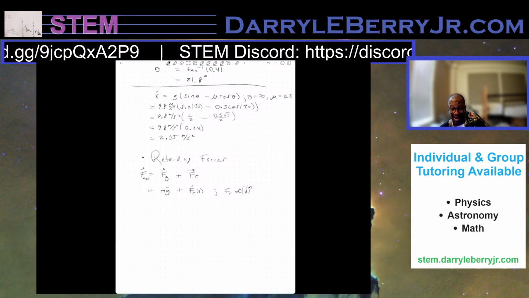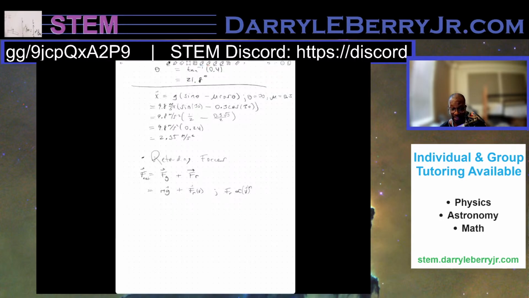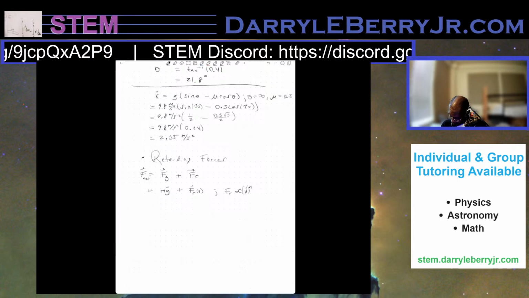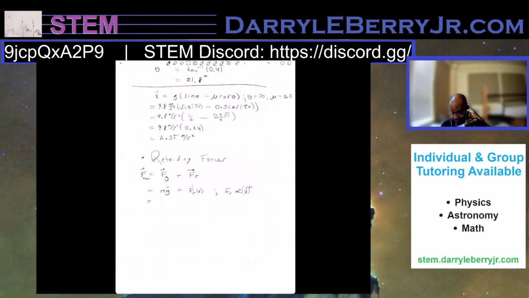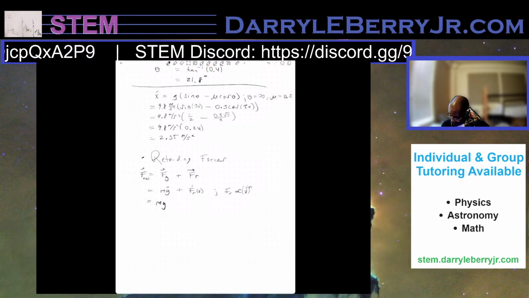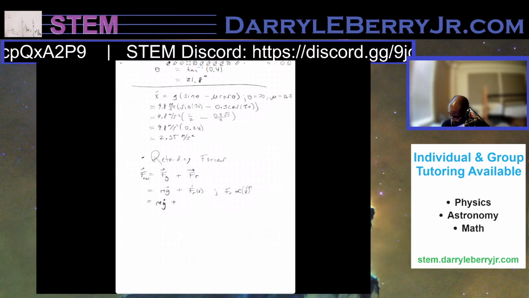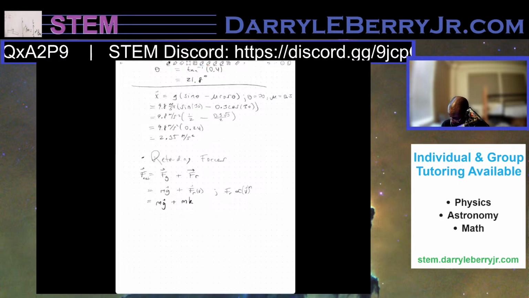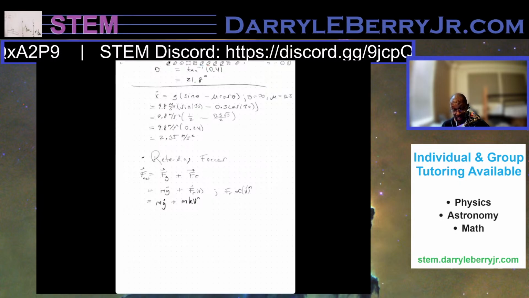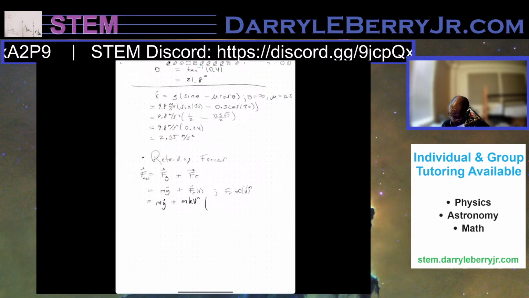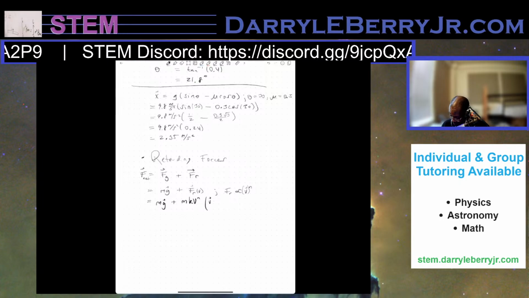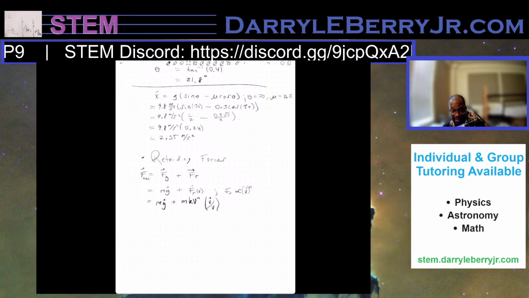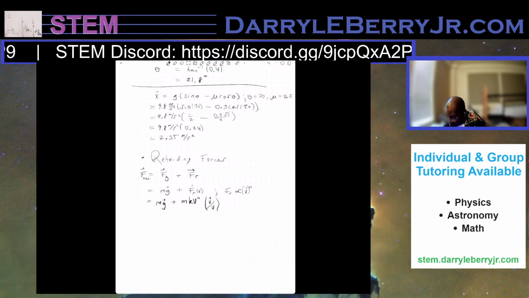With the power law approximation, we can then write F equals mg plus mkv with its power, and the direction is given by this. We have the velocity v divided by the magnitude of v, so that gives us a direction.